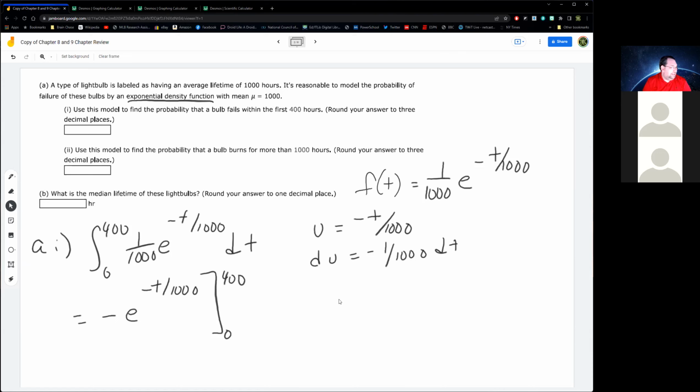So dt equals negative 1,000 du, right? The negative sign you're actually moving over here, which is why there's a negative sign there. And the 1 over 1,000 disappears. I see.